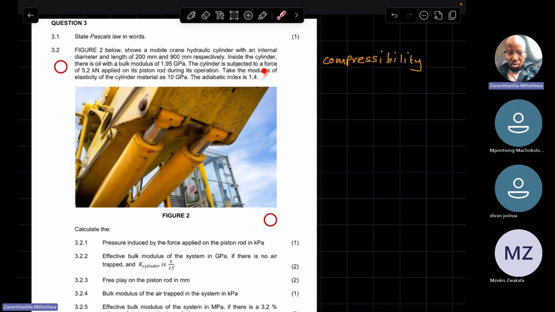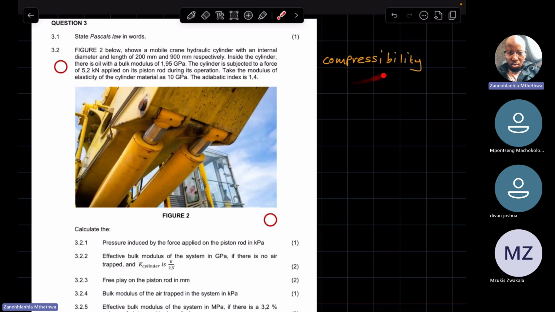So Young's modulus is a mechanical property of a material that resists deformation. Now, this one, bulk modulus, is a mechanical property of a substance or material that resists compressibility. Hence, one of the ways in which we calculate bulk modulus is based on how we calculate a material's compressibility.